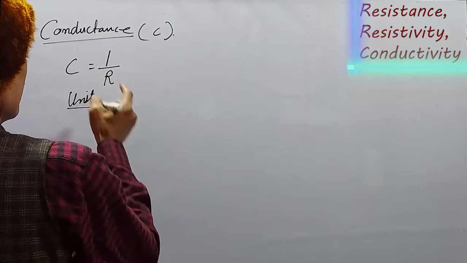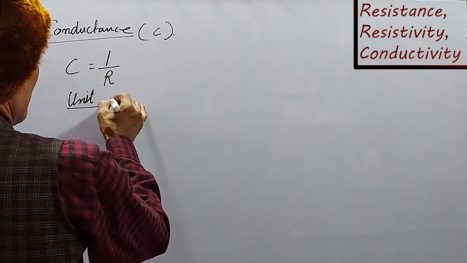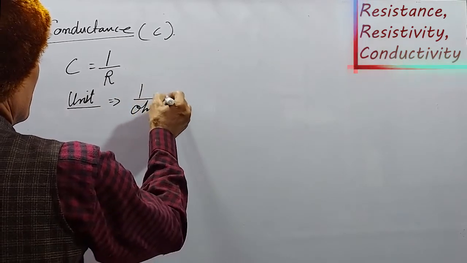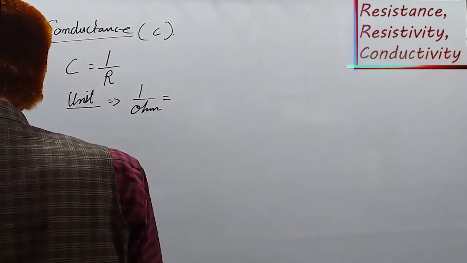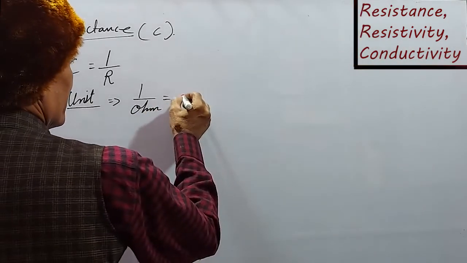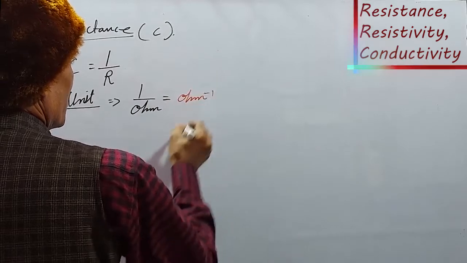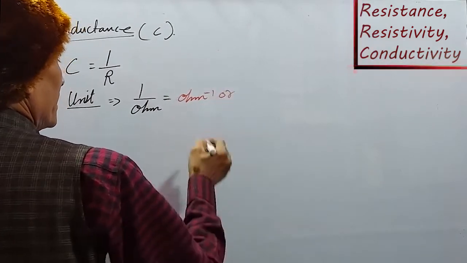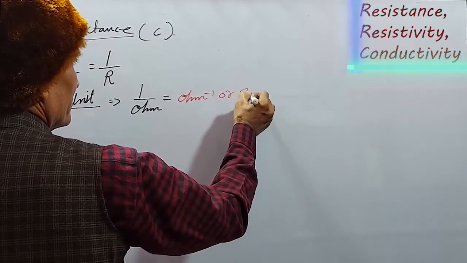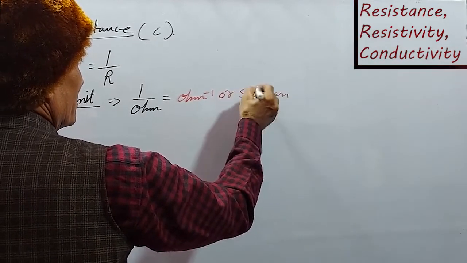Unit of conductance is 1 by ohm. Then we can write this per ohm, or we can write per ohm is called Siemens.